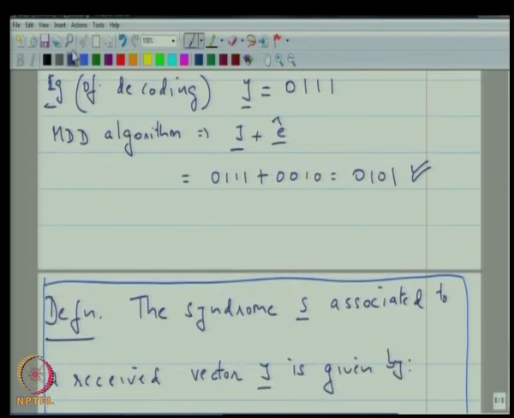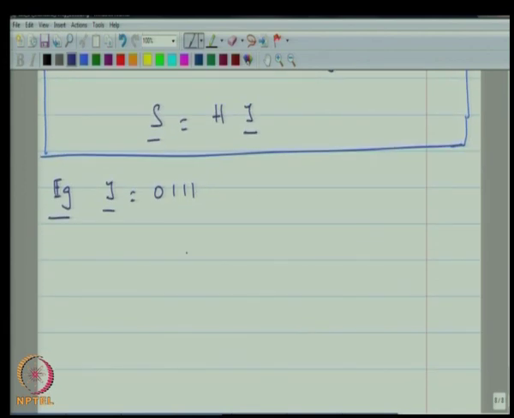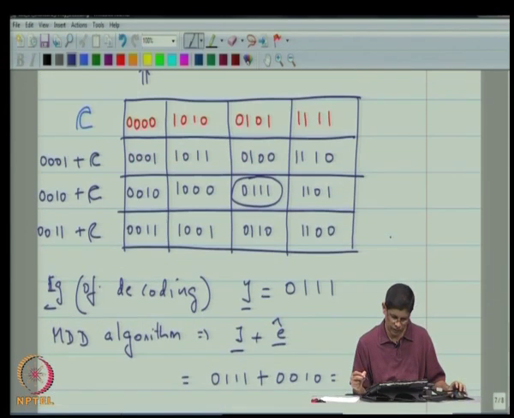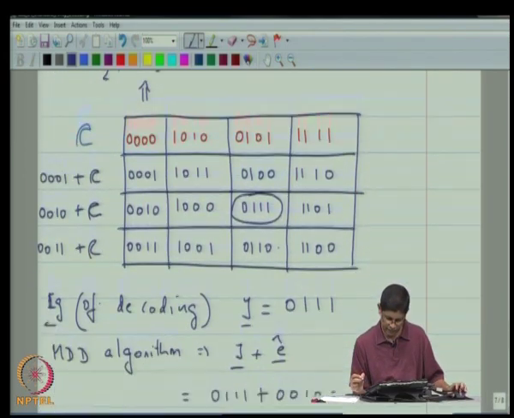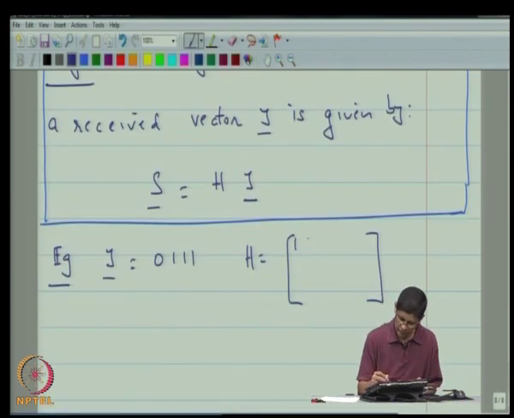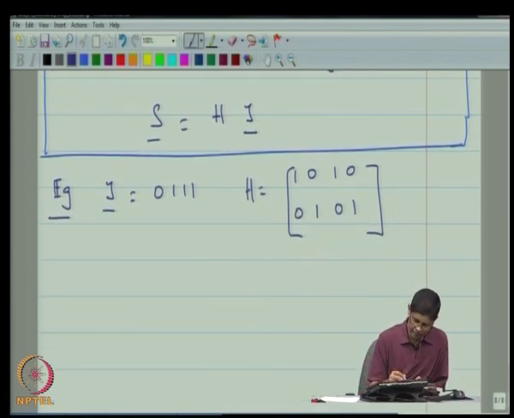So, let us say that y is 0 1 1 1. We also know that the corresponding matrix H was given by 1 0 1 0 0 1 0 1. So, we just have to simply compute the sum.